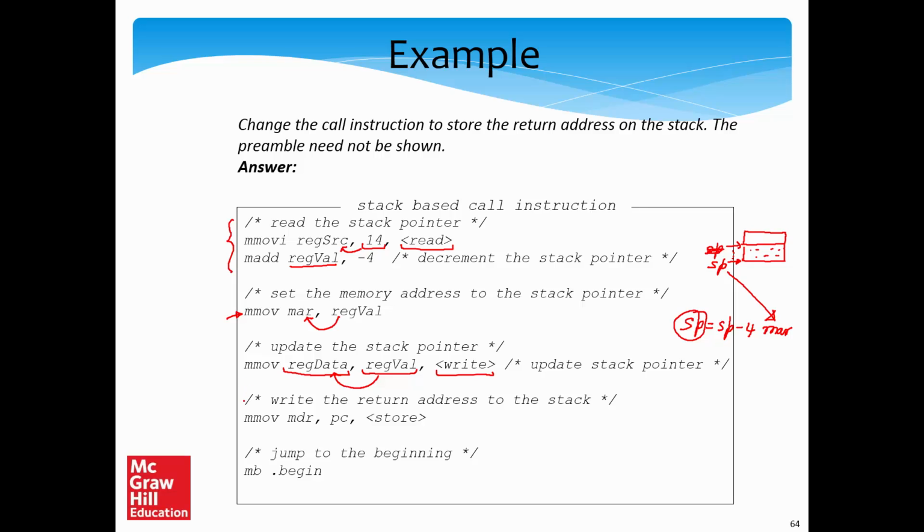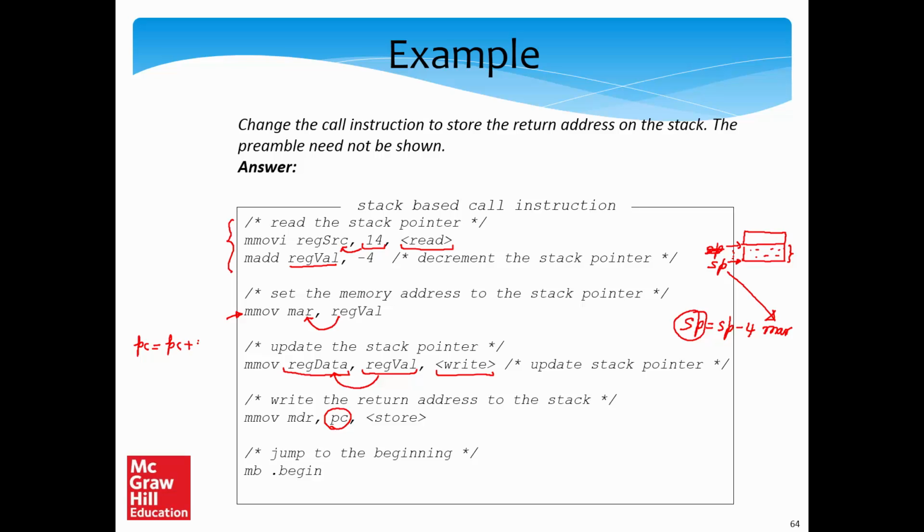Once that is done, we need to write the return address to the new location on the stack that we have just created, and the return address will be in the PC register. The reason is that, if you recall, the third or fourth instruction in the preamble was that we are incrementing the PC by 4, so PC is equal to PC plus 4.